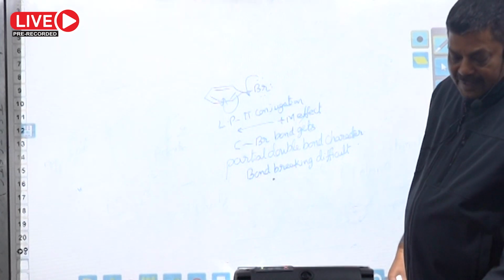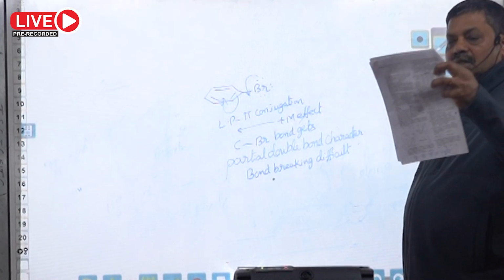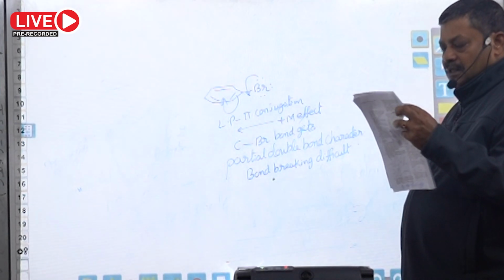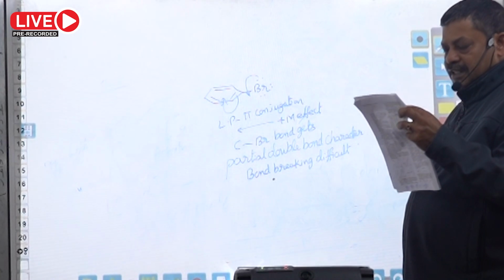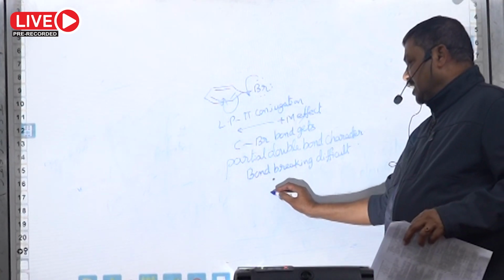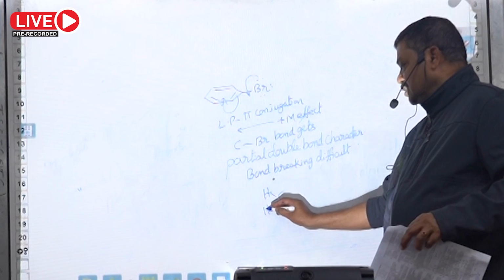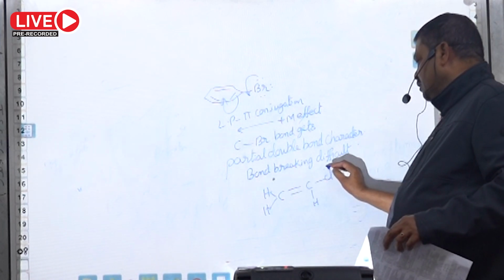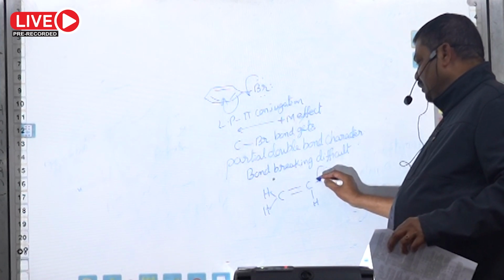That's why in the options given, chlorobenzene, bromobenzene, chloroethene, this is called vinyl chloride. Chloroethene also has the same problem, plus M effect.